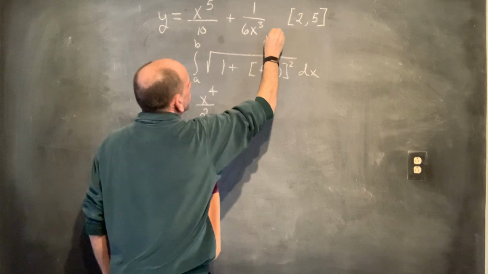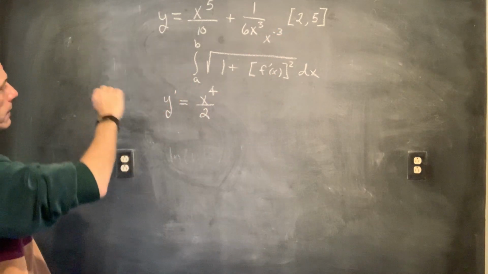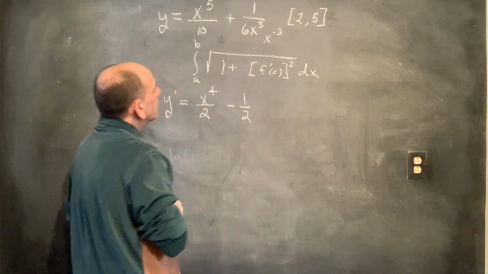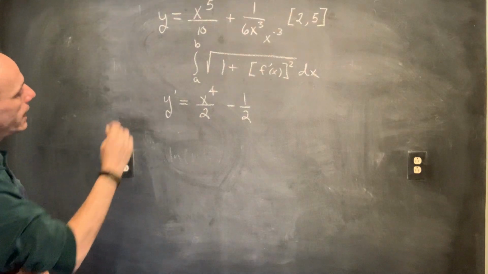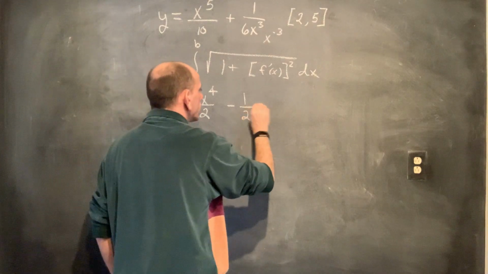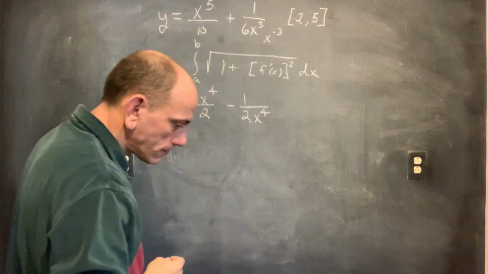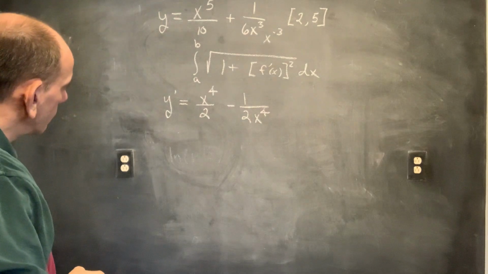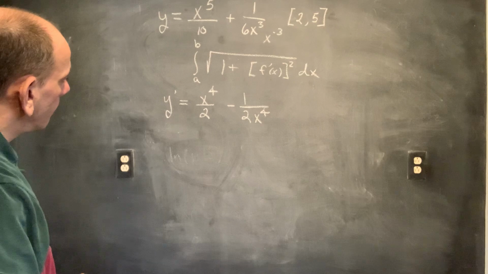Now this is an x to the negative 3, so we'll get a negative 3, looks like a minus a half, like 3 over 6, and then subtract 1 is a negative 4, so x to the 4th downstairs. Yeah, so there's our derivative.